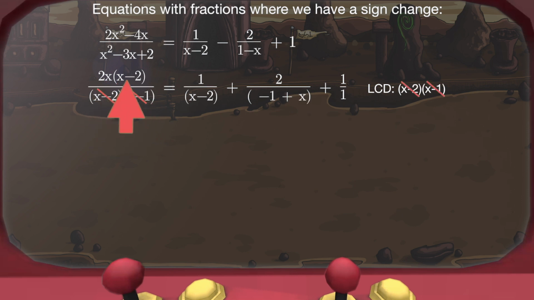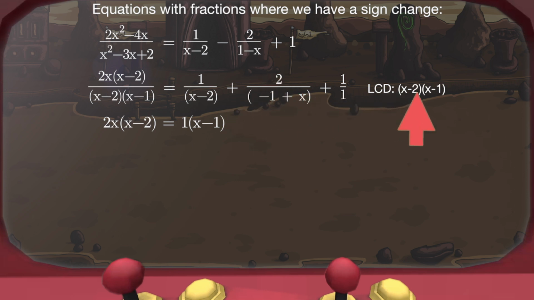And 1 times the numerator is equal to 2x and x minus 2. And now x minus 2, x minus 1 divided by x minus 2, and what is left? x minus 1, and 1 times x minus 1. Okay, wonderful. And now we go to the next term.